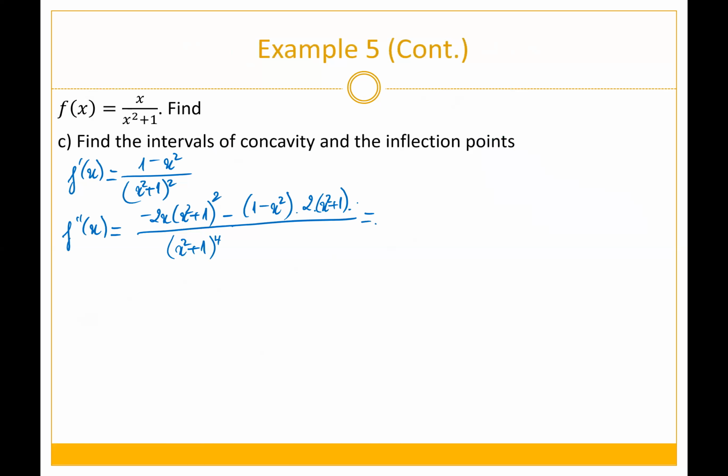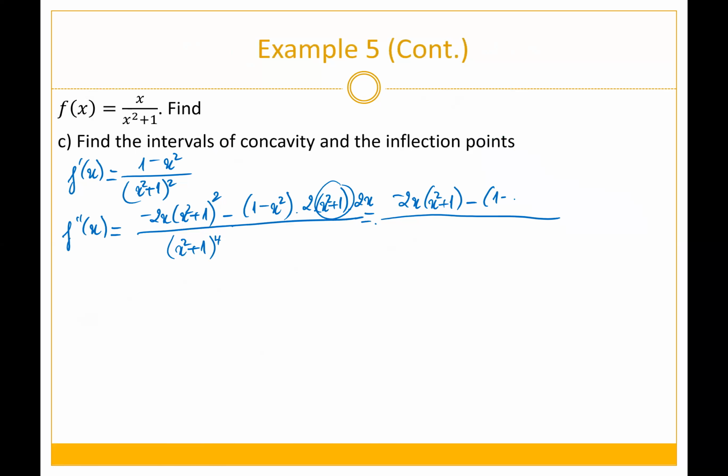It's getting complicated, but before I do the algebra, I want you to take a look and try to cancel something out first. This is what I always do for this kind of exercise. I'm going to cancel out an x squared plus 1 from each side to simplify the expression and make the distribution much easier.